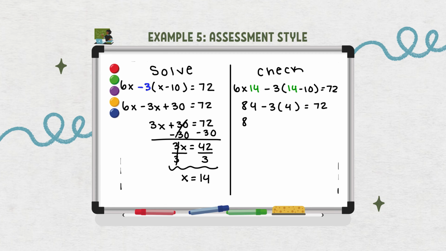So I'm going to rewrite again. 84 minus 12, because negative 3 times 4 is negative 12, equals 72. And that is correct. So therefore, I know that my final answer is x equals 14. I can box it in.